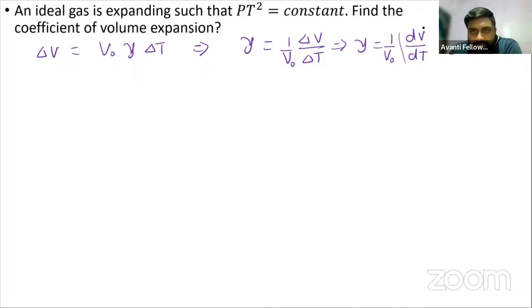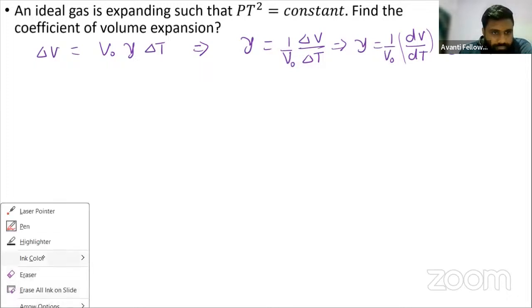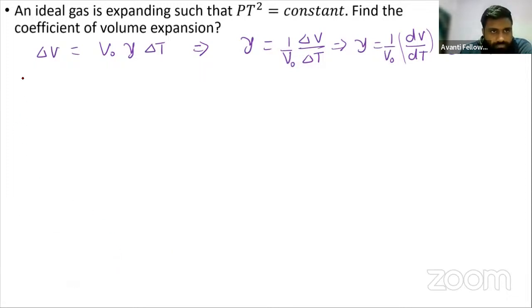So try to think about how you get this dV by dT. PT square is given to you. It is an ideal gas. Now in this question, PT square we will consider as K, a constant.